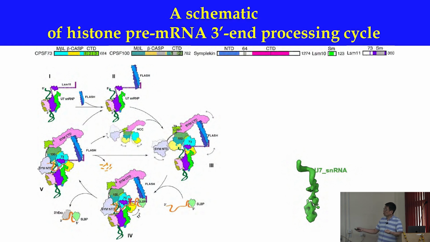We'd like to determine structures of other states of the cycle, but just like the canonical machinery, these states are highly dynamic. So it will take some effort for us to understand how to stabilize them so we can get them in the right state. So at least we have one now that gives us a tremendous amount of insight into this machinery.